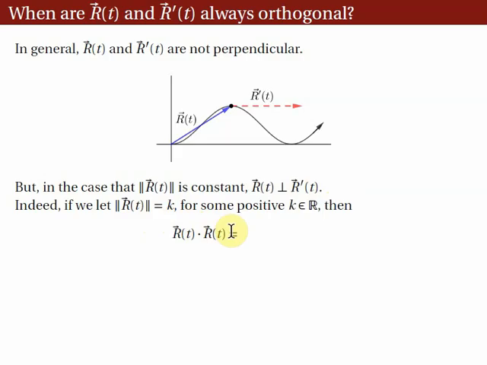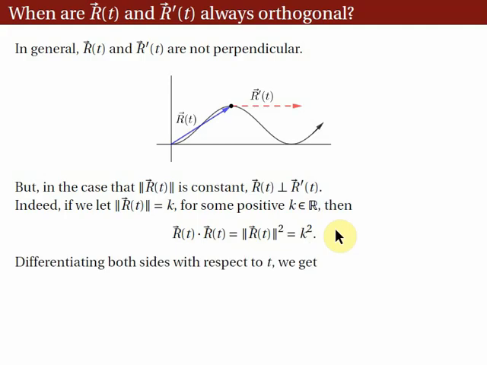Now let's consider the dot product of r of t with itself, and we know that this is equal to the square of its norm, or by assumption it's equal to k squared. Next, we differentiate both sides with respect to t, and we get, from a previous lecture, the derivative of the dot product is r of t dot r prime of t plus r prime of t dot r of t.